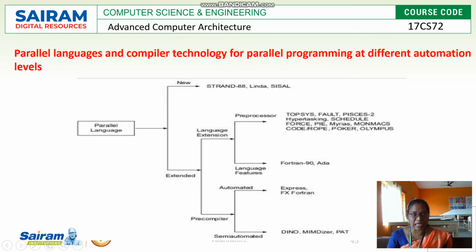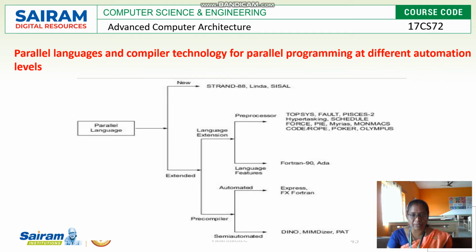Then this parallel languages and compiler technology is done at different automation levels. What are those? First, it is basically classified into two levels: new and extended. Then based on the languages and compiler basis, it is divided into language extension and pre-compiler.